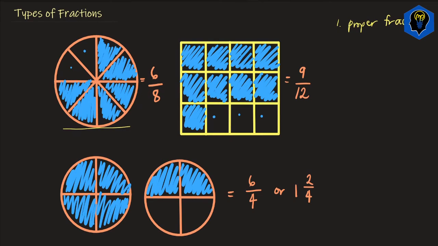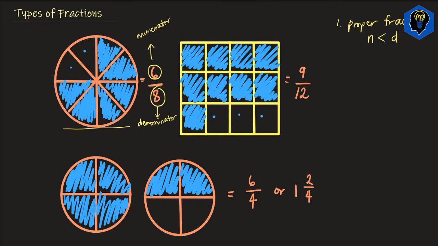If you have the fraction 6 over 8, the number on top, which is 6, that is your numerator. And the number at the bottom is the denominator. Okay. Now, if it is a proper fraction, your numerator should be less than the denominator.